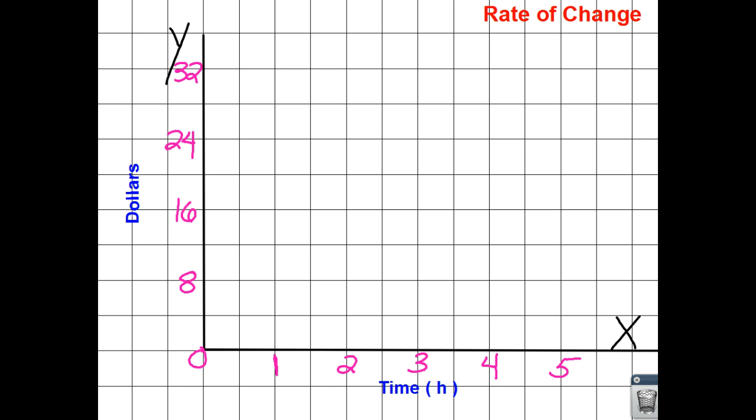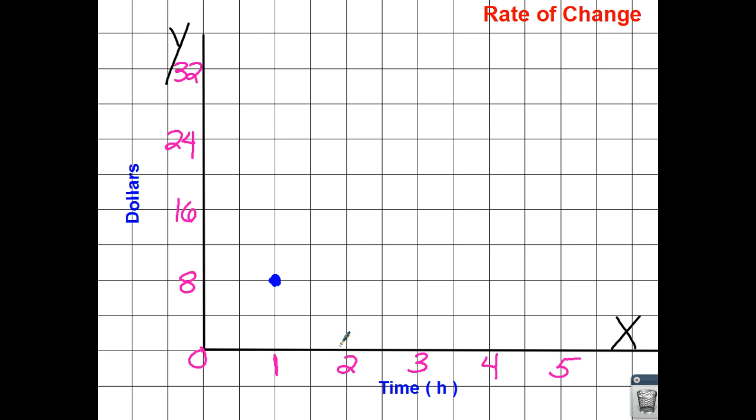So let's pick some points of interest. I would say maybe after 1 hour you get $8. That's a pretty good rate. I'll take that. And then if you kept a constant rate, so if for every 1 hour you work, you make $8, what would you make after working 2 hours?